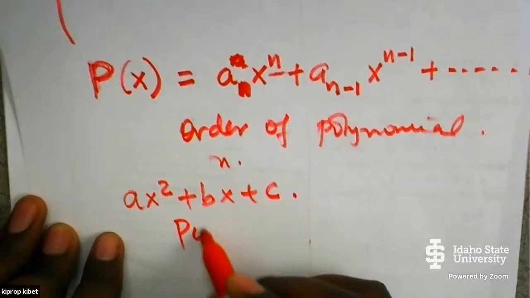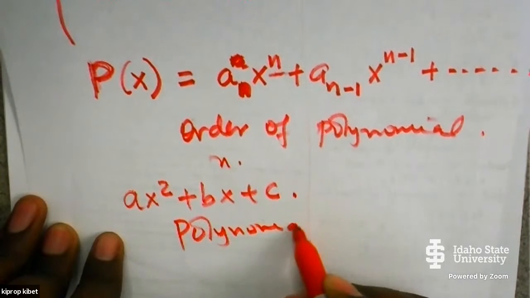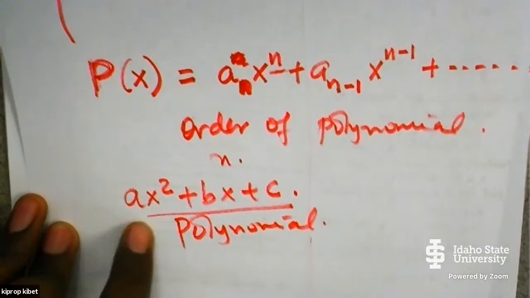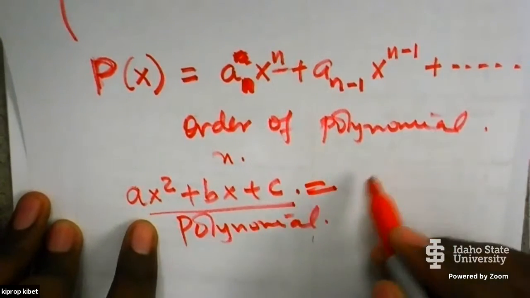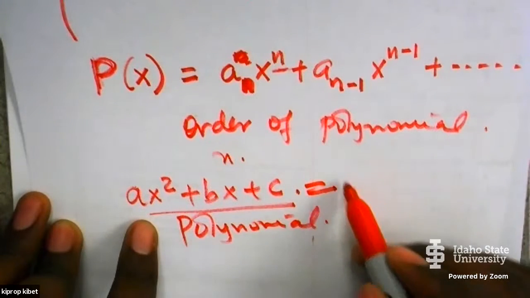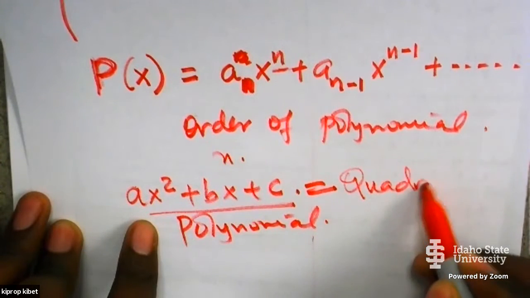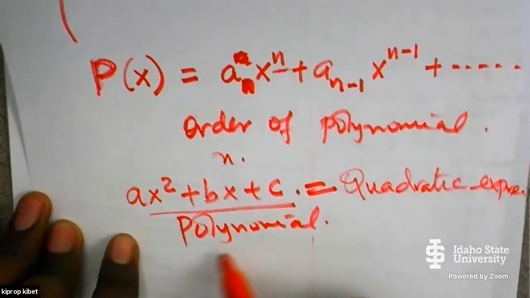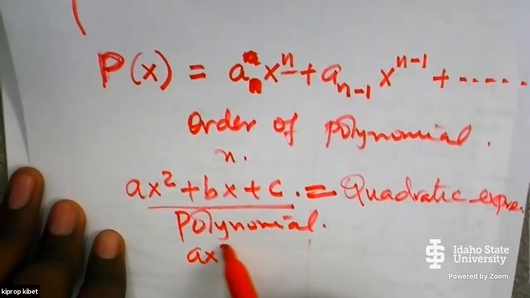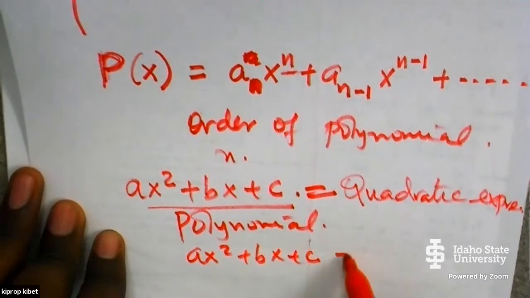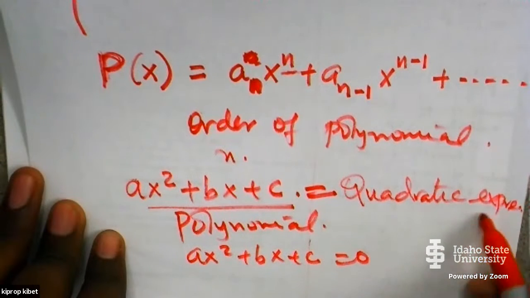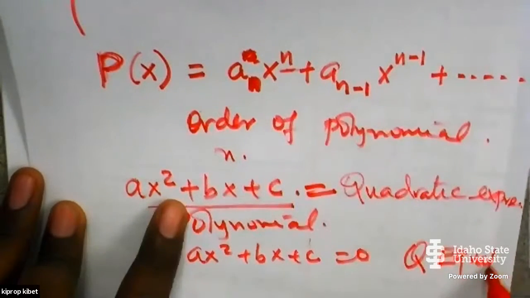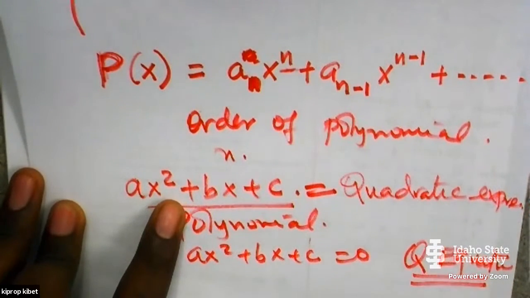So this is still a polynomial. But most of the time we call this a quadratic expression. But now if we have ax squared plus bx plus c equals 0, then it becomes a quadratic equation.